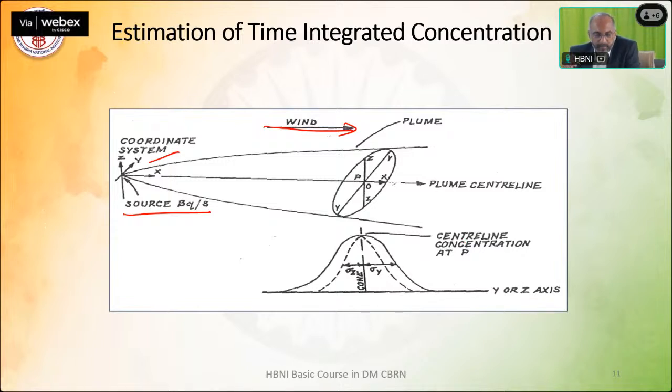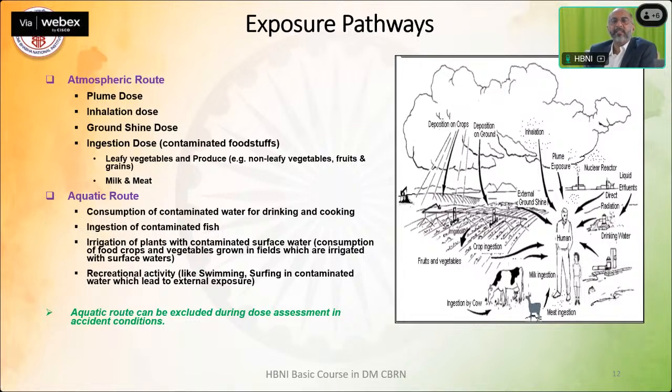And now you will have to estimate a time integrated concentration. The time integrated concentration gives you the value that is needed for estimating the doses. Dose calculations are important.